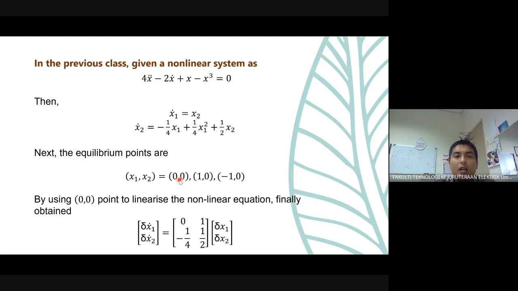In the example during the class, I selected (0, 0) to linearize the nonlinear equation. Finally, this is the linear equation based on the (0, 0) equilibrium point location. Then I gave you some introduction regarding the linear system.